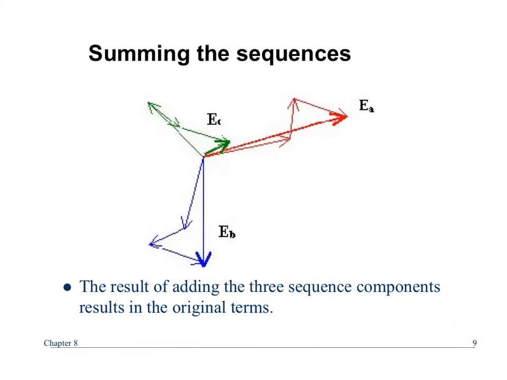And there you go. Sum the sequences, and clearly, if you look at my original phasors, EA, EB, and EC, are those balanced? Do they look like their magnitudes are the same and their angles are 120 degrees apart? Not even close, in my opinion. If I strip that out, here's EA, here's EC, and here's EB. Does that look like a balanced set of phasors?